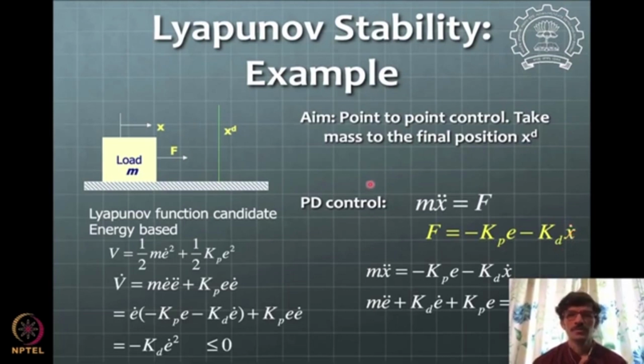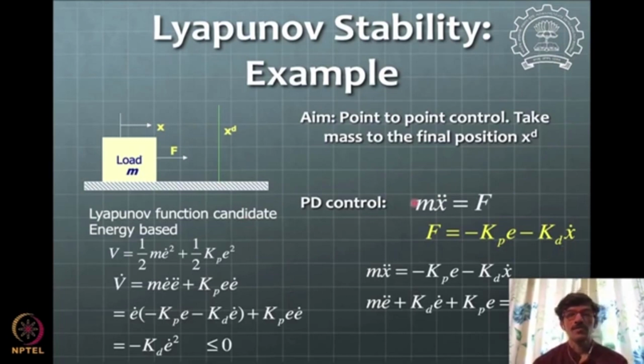If E is equal to x minus x_t, then E dot becomes equal to x dot. These small nitty-gritties are there to be worked out, so see for yourself.